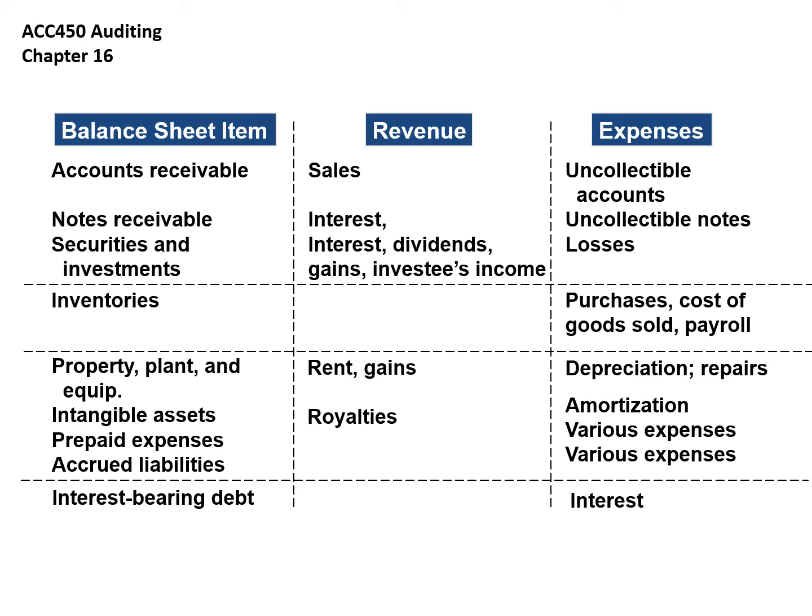Those are all related items. Jump down to inventory. If we audit inventory, we're also going to be touching upon cost of goods sold and some payroll information. You know this from all the accounting classes you've been in: there are a myriad of relationships between balance sheet items and revenue and expense items.